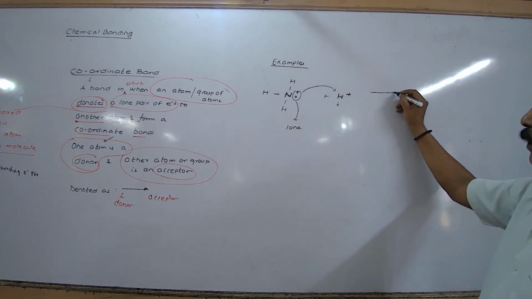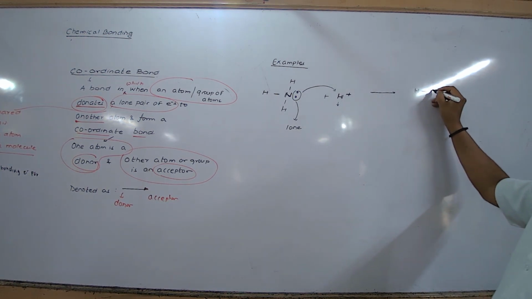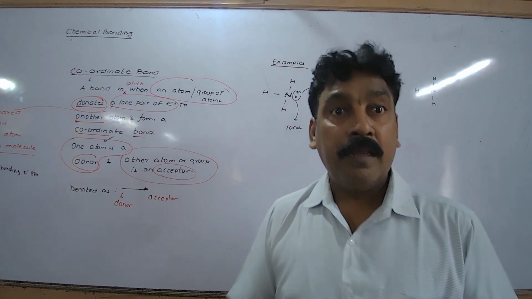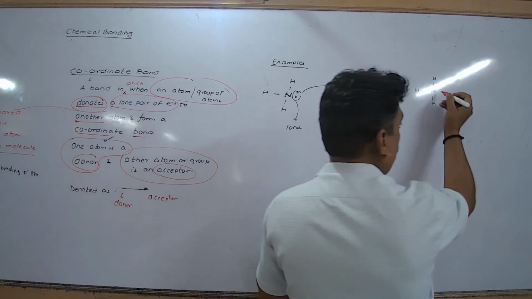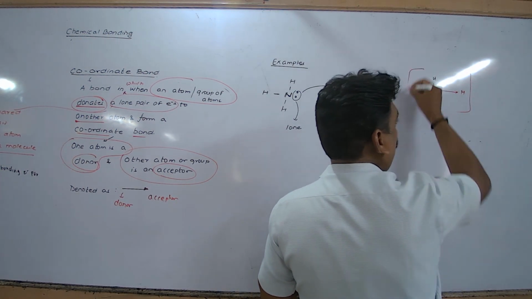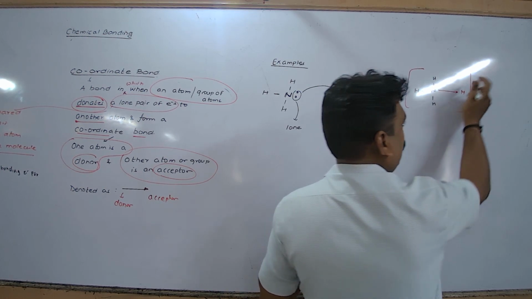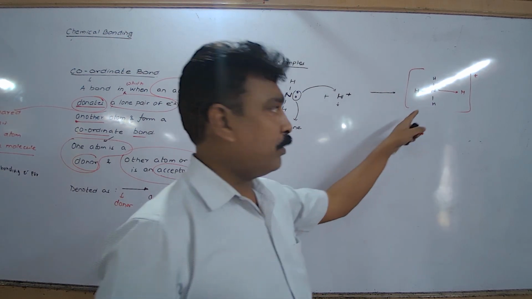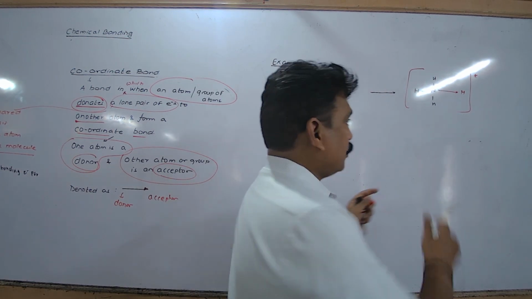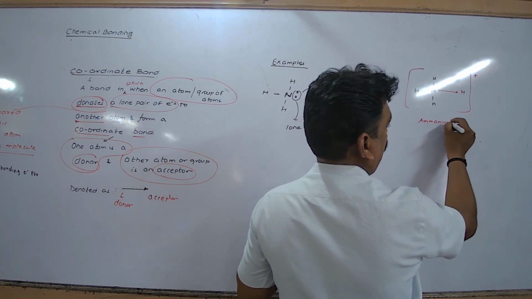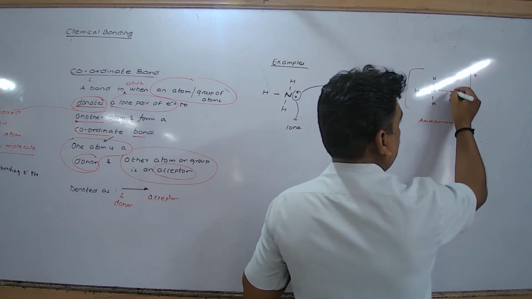And finally what happens? This particular hydrogen, nitrogen, ठीक है? And then both the electrons are coming from this atom nitrogen, so we show it by coordinate. And this is a part of the unit only. Therefore, this total positive charge is there on this ammonium ion, and this is called ammonium ion. Okay. And this is called as what?